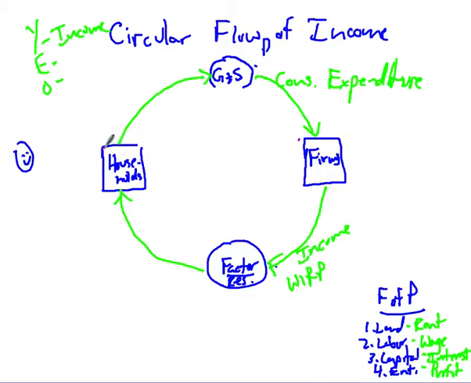Imagine that you are an individual and you get, let's say, $1,000 a month. Let's say that's your income. We're just going to pretend that this is just you. Do you spend all of your $1,000 in this goods and services market?